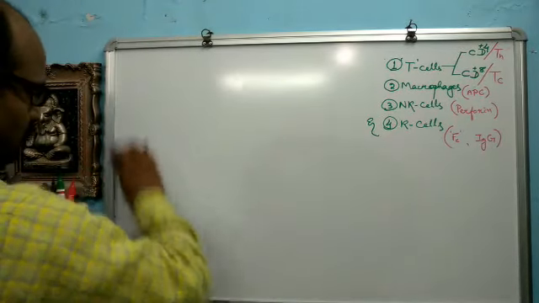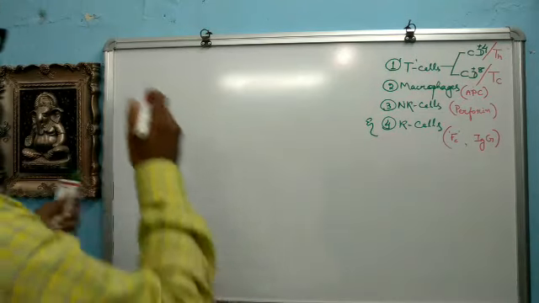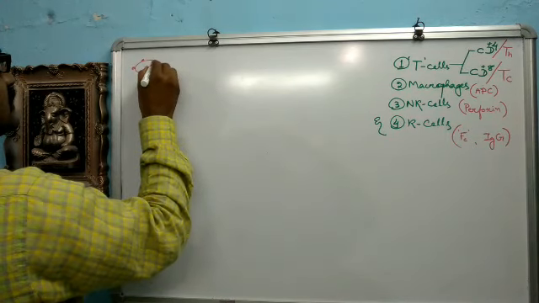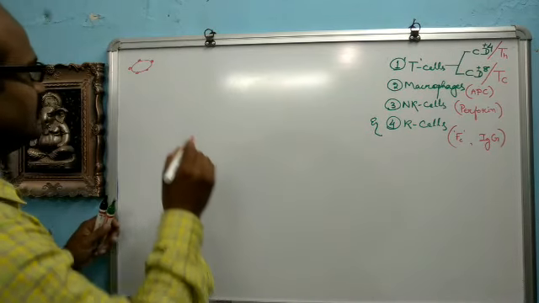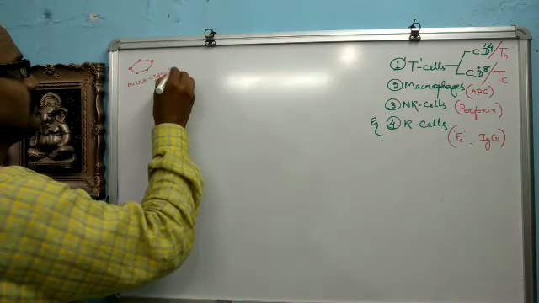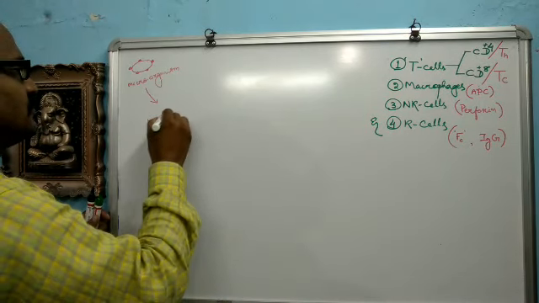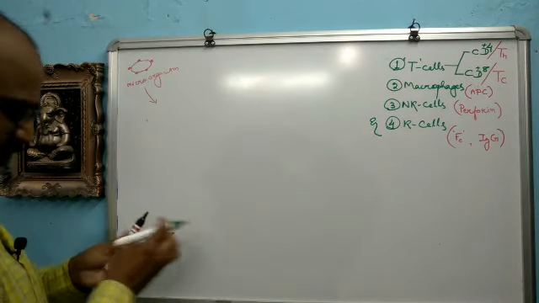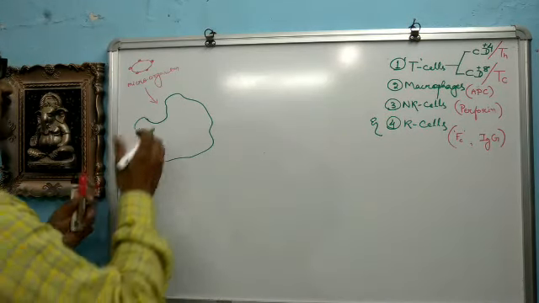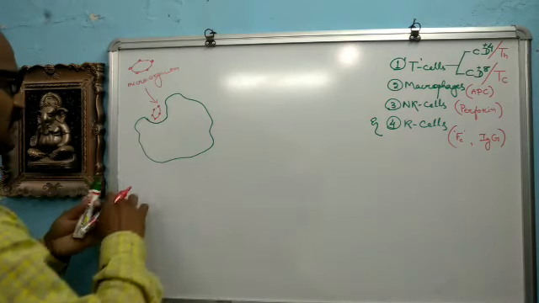First, let us come to the T helper cells, and how they are involved in cell-mediated immunity and our defense system. Suppose this is a microorganism, and such a microorganism has antigens on its surface. This microorganism is enveloped by the macrophage by the process of endocytosis.